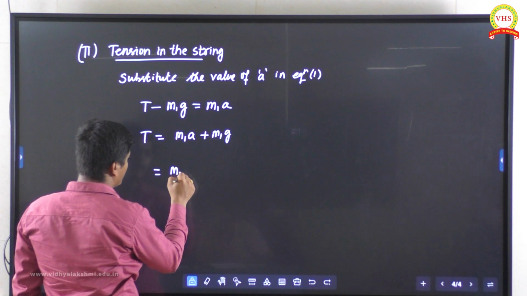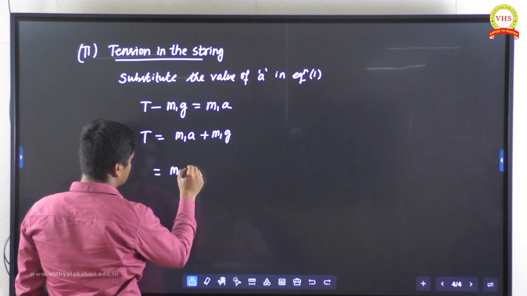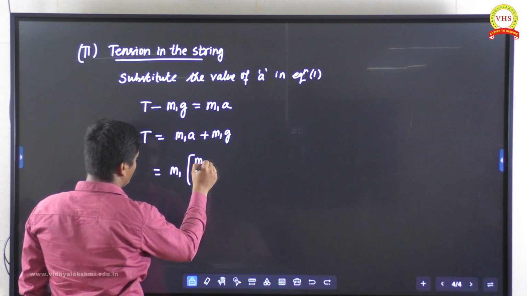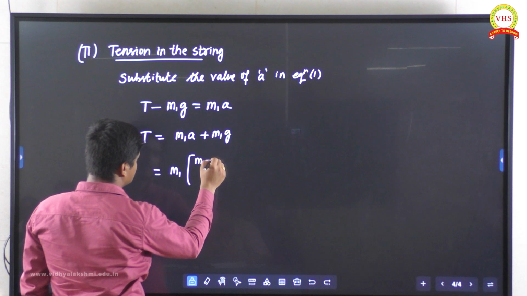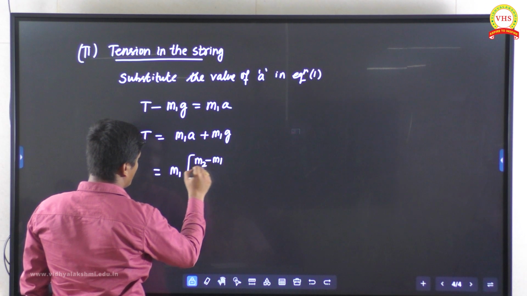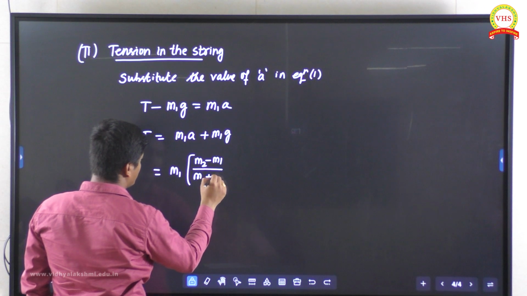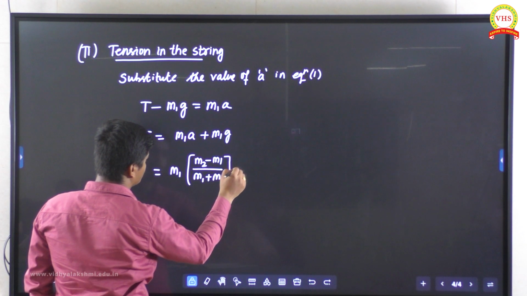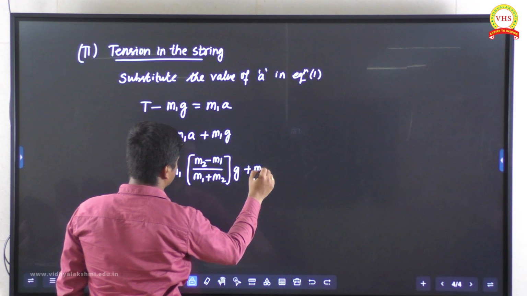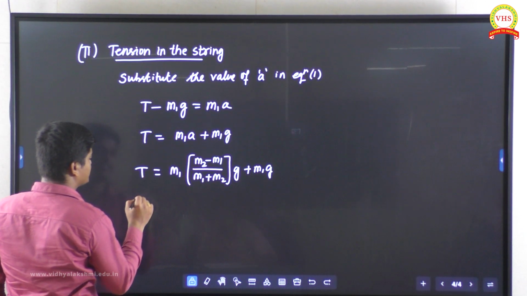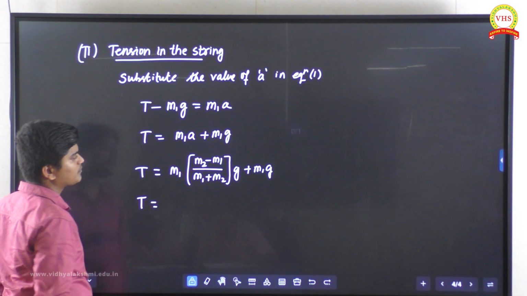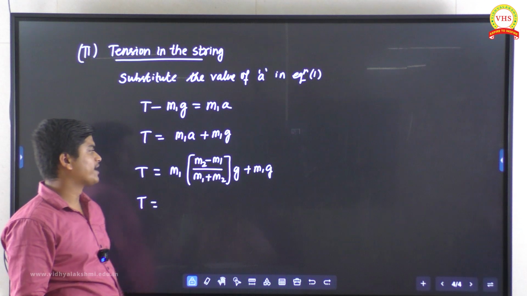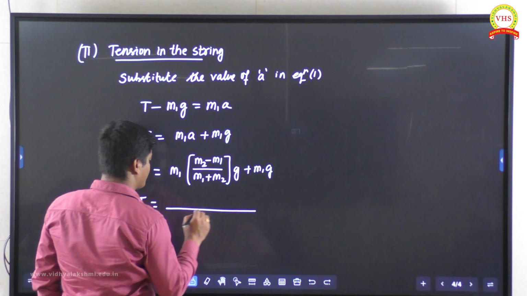Now the value of A you can substitute here. What is A? M2 minus M1 by M1 plus M2 into G, plus M1G. Now to calculate this tension, you can take LCM M1 plus M2.